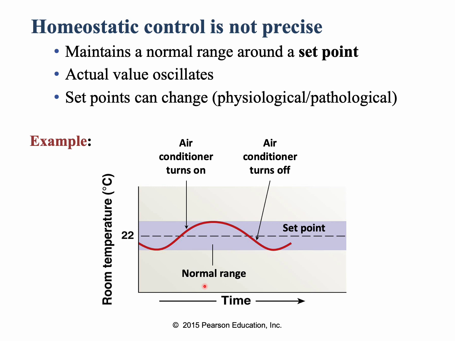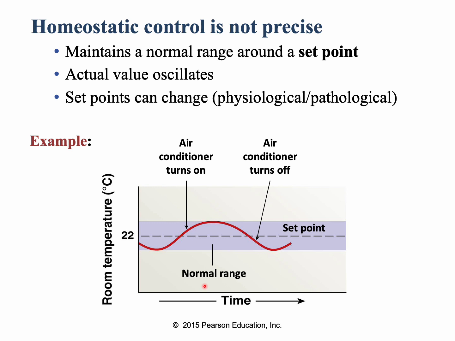Then there's going to be some type of integration. The integration would be that temperature being detected by a thermostat, and then the thermostat deciding what needs to be done. If, for example, the air conditioner needs to be turned on to lower the ambient temperature of the room, that would be considered the output.